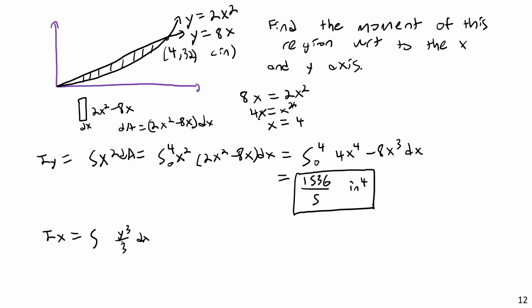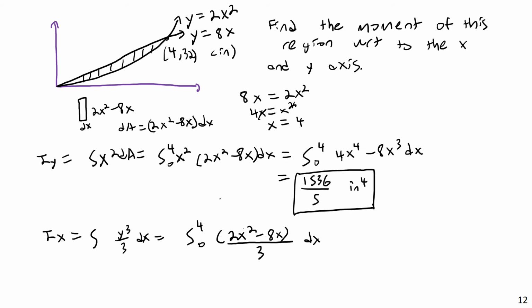The nice thing is you can really use the same y's for both of these. So that's going to be the integral from 0 to 4. This would be a very hairy expansion, so I'll throw it into my calculator, and if you're working through this, I would encourage you to check out those numbers.